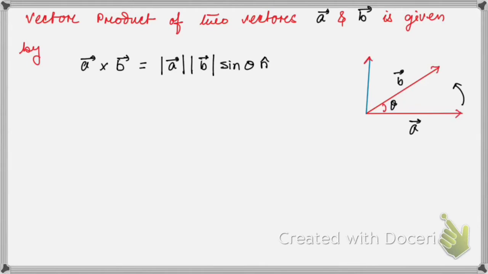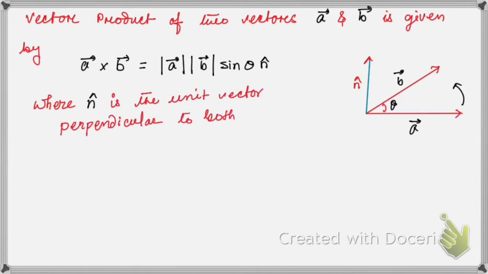If the angle between A and B is theta, then A cross B will be perpendicular to both A and B, and this n cap is the unit vector along that resultant vector that you get from A cross B, right? So here n cap is the unit vector perpendicular to both vector A and vector B.